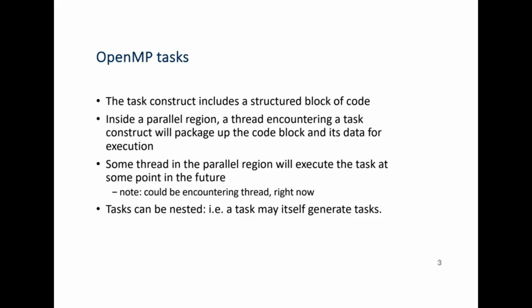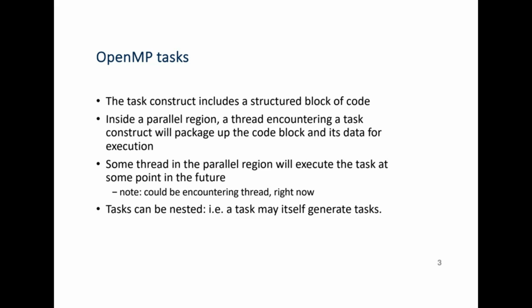One of the powerful features of OpenMP tasks is that tasks can be nested inside each other. A task itself, the code block inside a task, or any routines that it calls, may in turn contain other task constructs. So a task may generate subtasks, and subtasks may generate sub-subtasks, and so on.